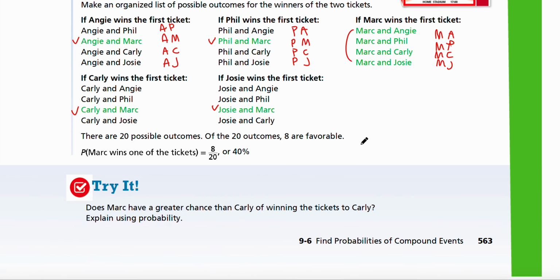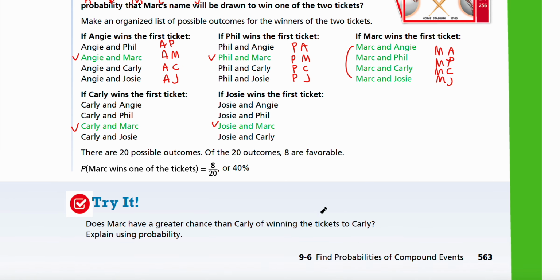Okay, so try it. Does Mark have a greater chance than Carly of winning the tickets? Explain using probability, just by looking at our list. If Carly was the first ticket, we have this whole set, right?